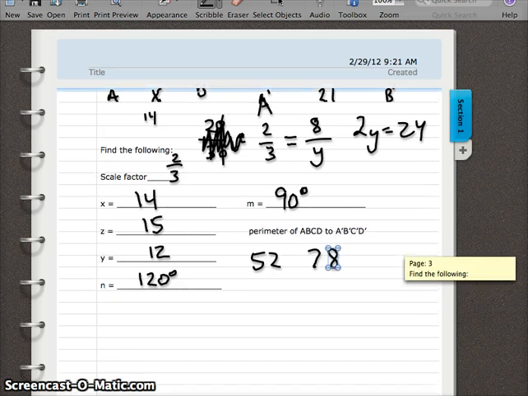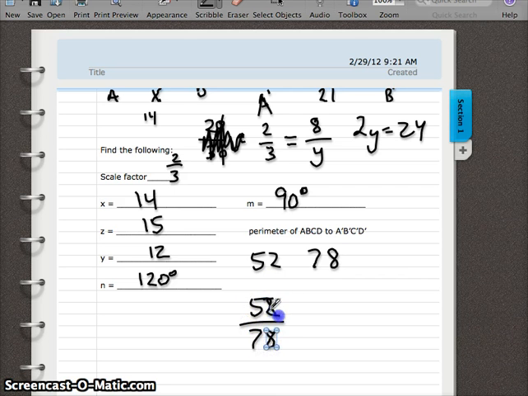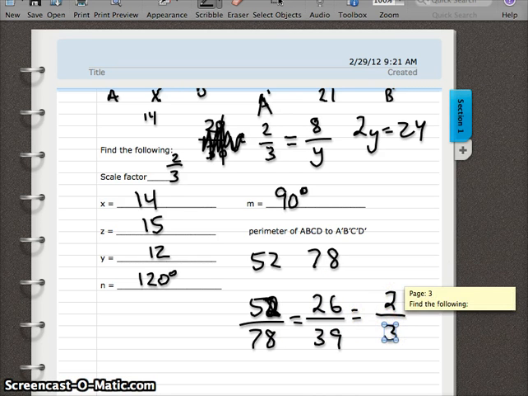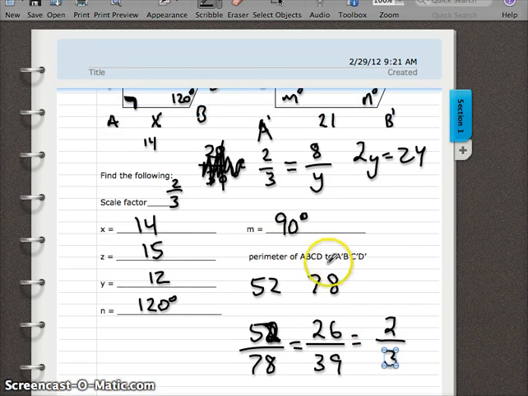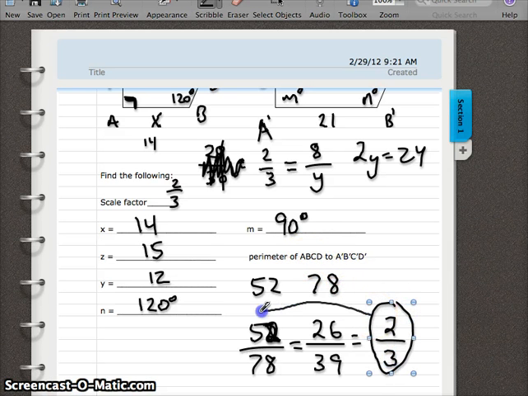Let's compare those two as a ratio. We want the ratio of the perimeters, so 52 over 78. Well, let's divide it in half. We get 26 and 39. Okay, well, we can reduce that more. If we divide by 13, we get 2 over 3. So comparing their two perimeters ends up being the same as the scale factor.